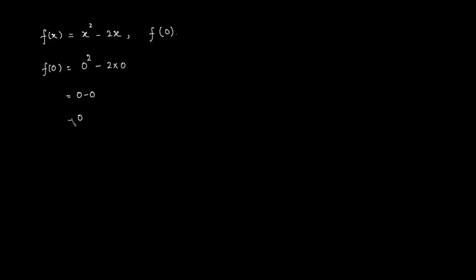So f of 0 is 0. So when you put x is equal to 0, the value of the polynomial is becoming 0. Therefore 0 is the 0 of the polynomial f of x. So this implies x is equal to 0 is a 0 of the polynomial f of x.